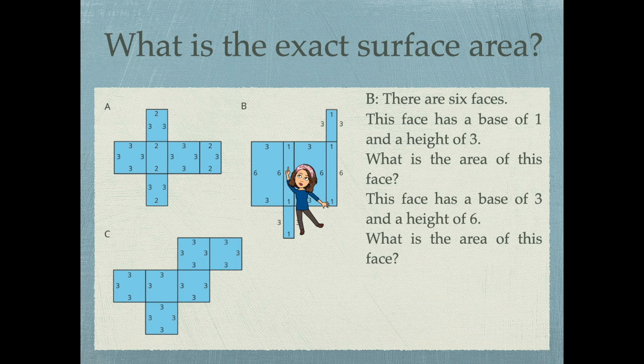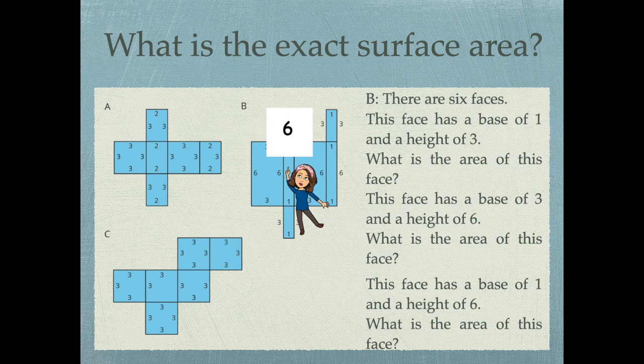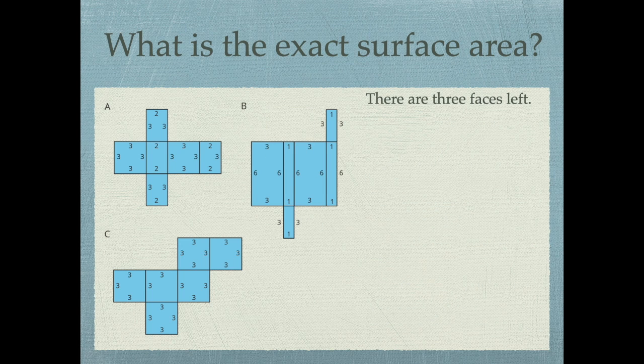And finally let's look at this long skinny rectangle here. This one has a base of 6, but it's 6 units tall. So 6 times 1 is 6, and that one's 6. So I've already done 3 faces, but there are 3 faces left.